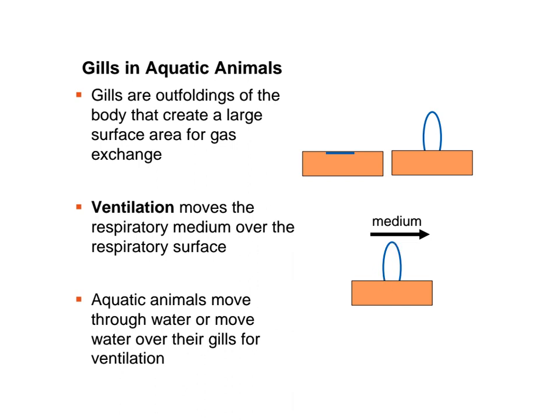Now, if it turns out that the axolotl is in a space in which there isn't a lot of water movement, well, the axolotl actually has muscles at the base of its gills, and so it can move its gills back and forth, and that's another way of renewing the medium surrounding its gills. And why would you want to do that? Well, if you didn't have any movement of the medium over the respiratory surface, then locally you would use up all the oxygen, right?